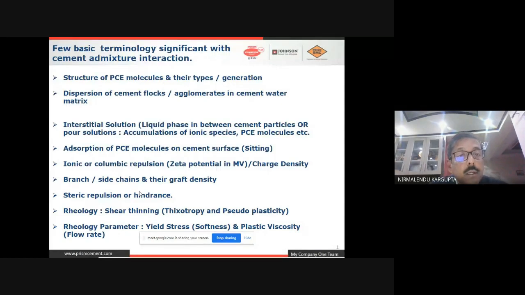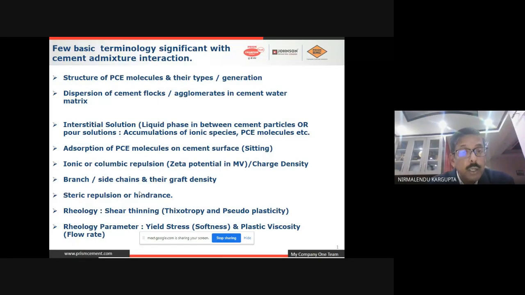We'll discuss the structure of PC molecules and their types and generations. Then what are called flocs or agglomerates. And when admixture is introduced, a word will come later, which is called adsorption. AD, not AB. Adsorption, D means Delhi.